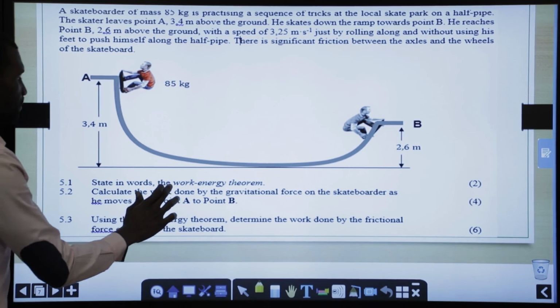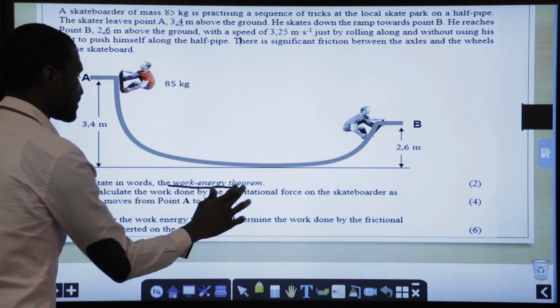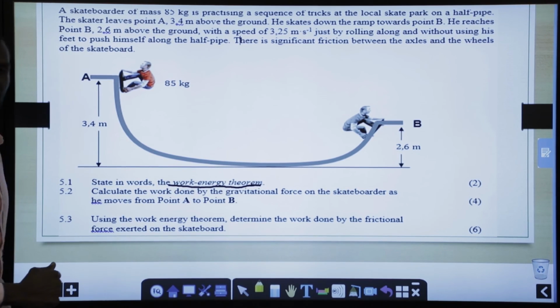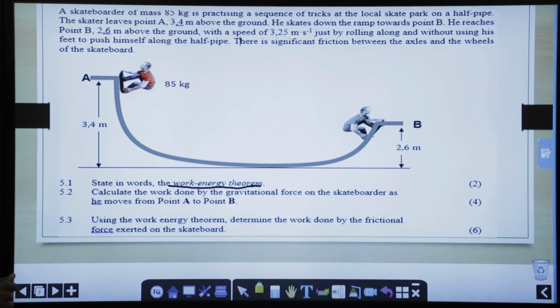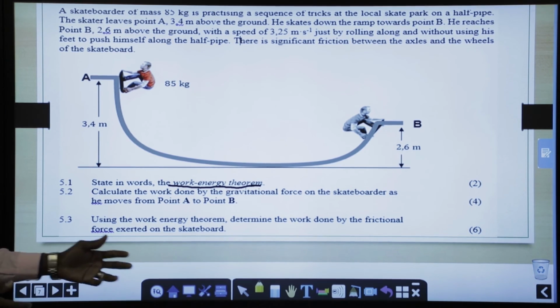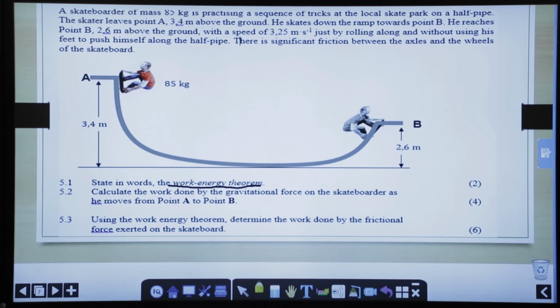It says, state in words the work energy theorem. Okay? So the work energy theorem is what we've been applying all along. Here is the challenge. I want you to try out this question and see if you can come up with the answer. So stating the work energy theorem in words is very easy.